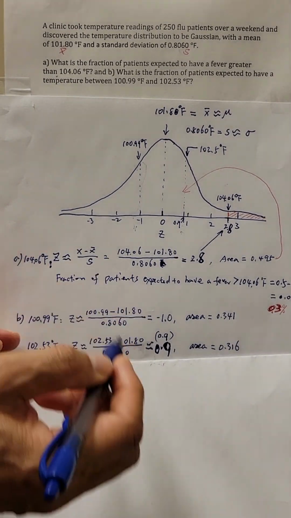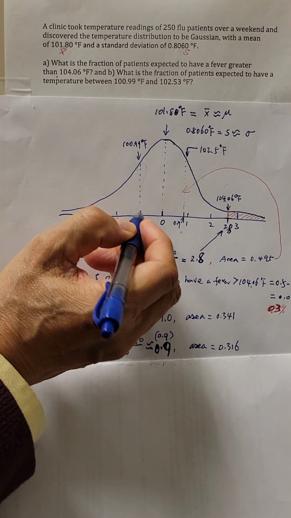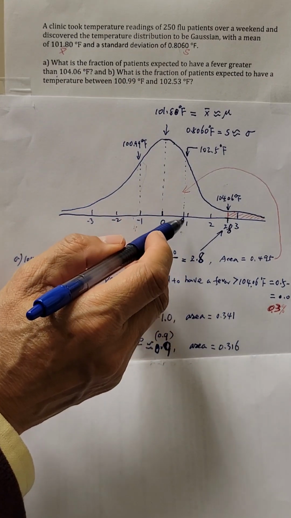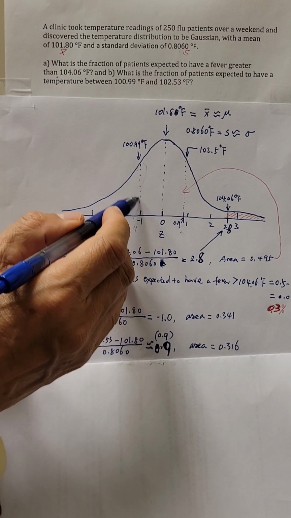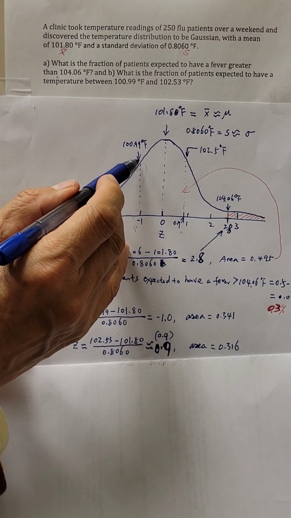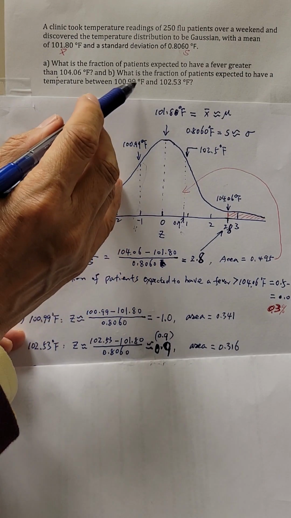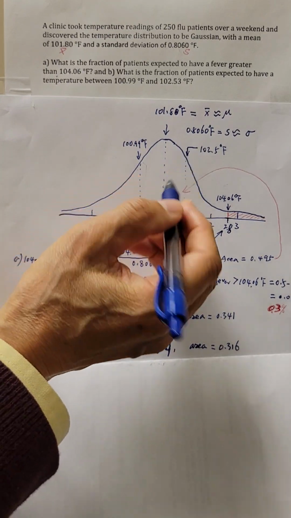What is asked is the sum of the two. Greater than negative 1, less than 0.9, or the fever is higher than 100.99 but lower than 102.53.